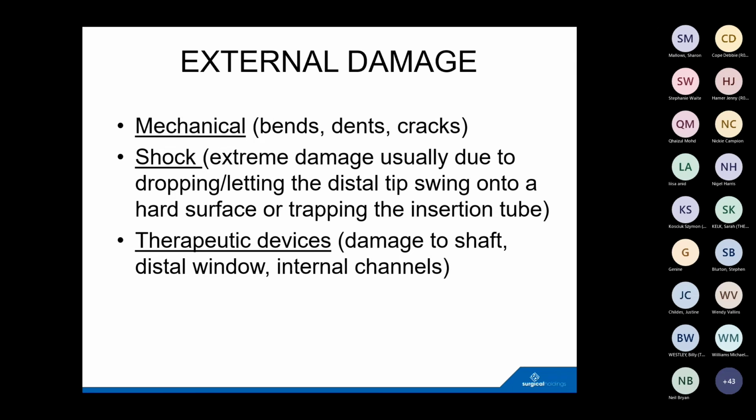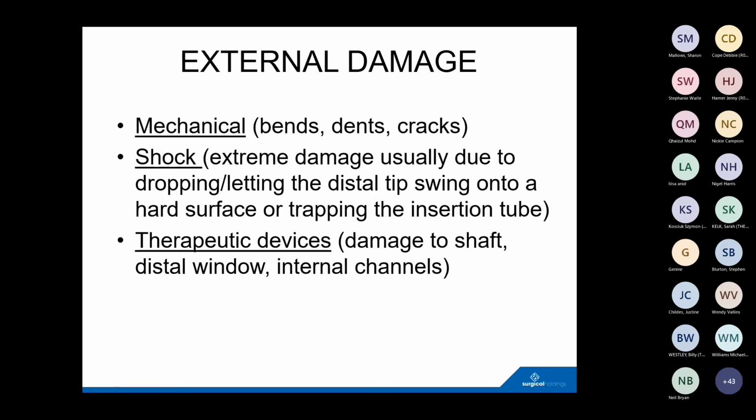First of all, mechanical, which if it's extreme will be shock damage. A classic example of that is when you pick up an endoscope, unless you hold the distal tip, you hold the control section and the distal tip flops around naturally like a pendulum. And if it does that and then hits something sharp or hard, you can get damage to the distal tip.